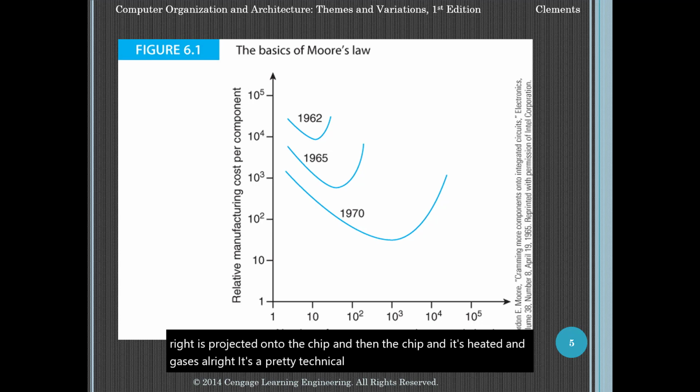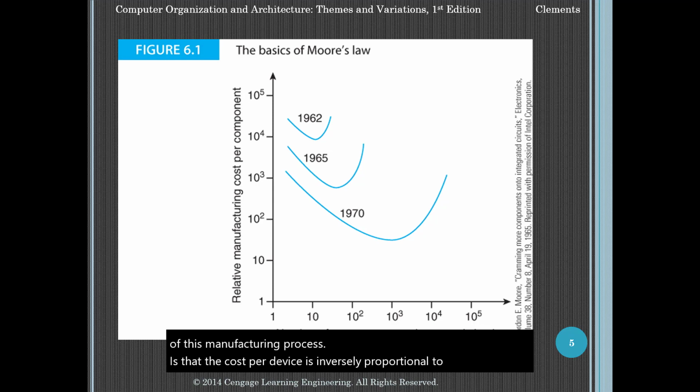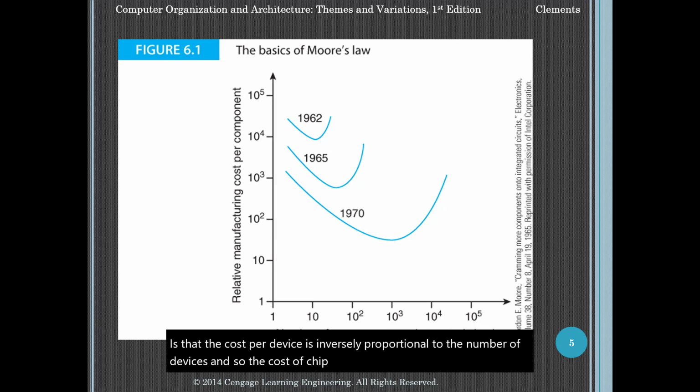There's no direct relationship between the cost of manufacture and the number of devices on a chip. And so what Moore observed was the consequence of this manufacturing process is that the cost per device is inversely proportional to the number of devices. And so the cost of chip manufacture rises rapidly as the size of the individual chips increases.